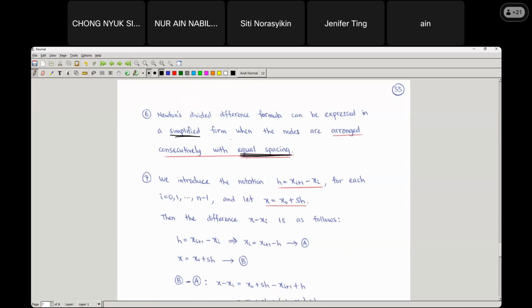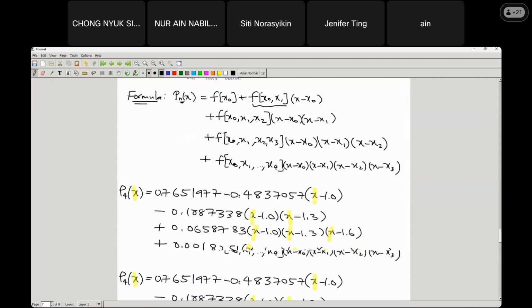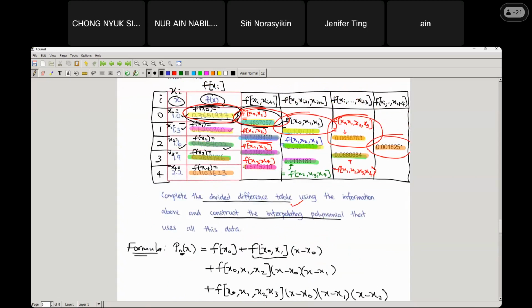So now we look at the simplified form of the Newton's divided difference by considering the nodes arranged in equal spacing order. Equal spacing means that the differences between the x values are equivalent, so the size from x0 to x1 is similar throughout.